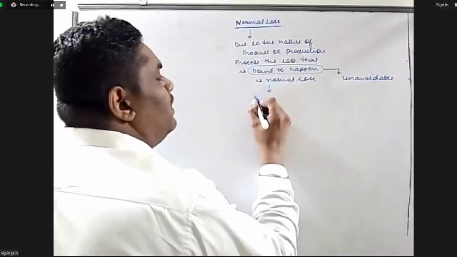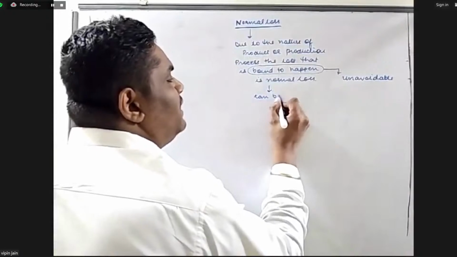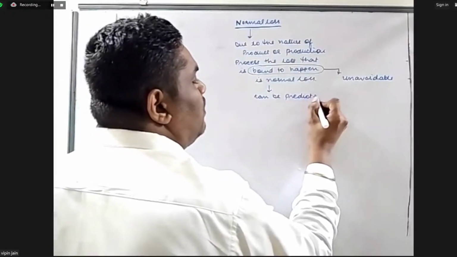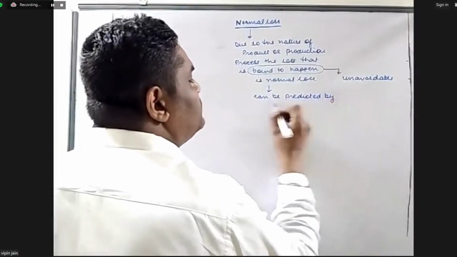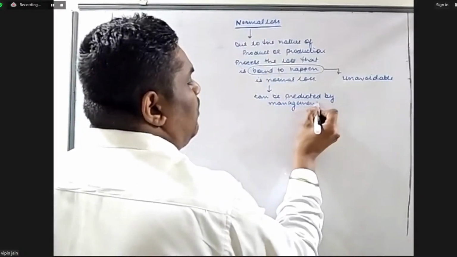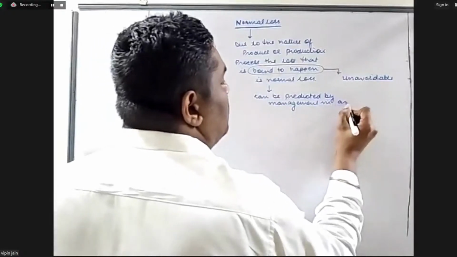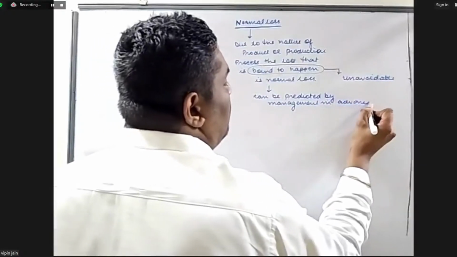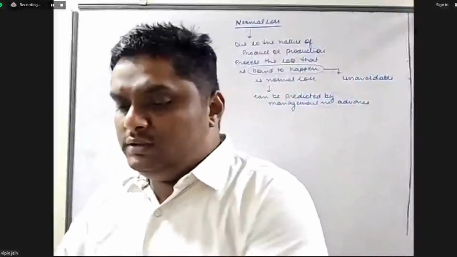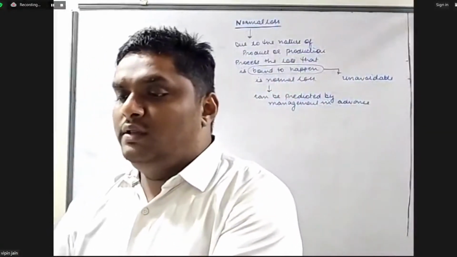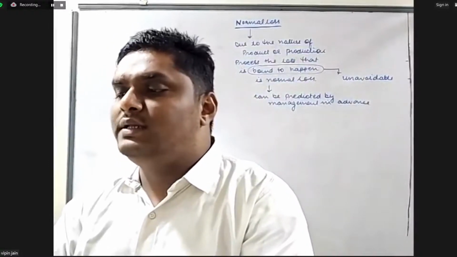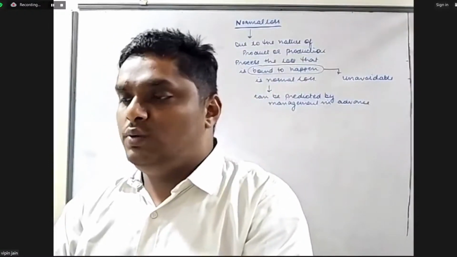So what is normal loss? The loss that is bound to happen. We cannot avoid this loss. This is normal loss.